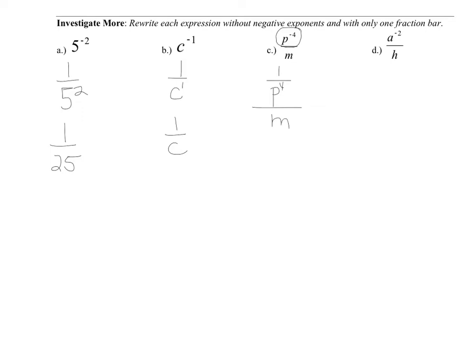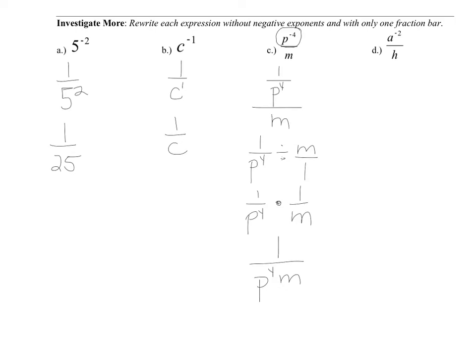So what we have is a complex fraction, which would mean 1 over p to the fourth divided by m, which we could write as m over 1. And then remember, we leave, change, flip. So we leave 1 over p to the 4th. We change the division sign to a multiplication sign, and we flip it. And now if I multiply straight across, what I end up getting is 1 over p to the 4th m.